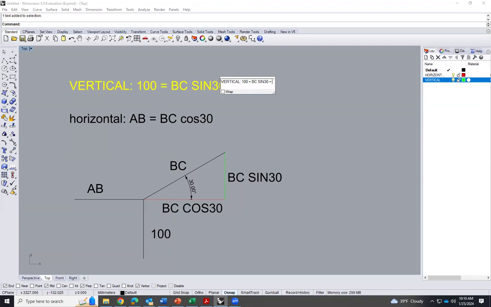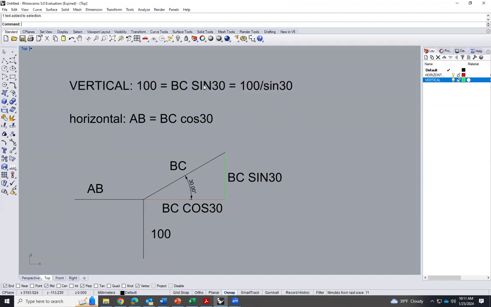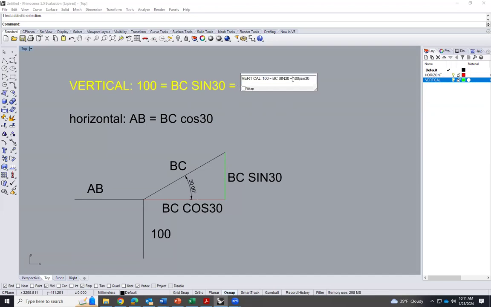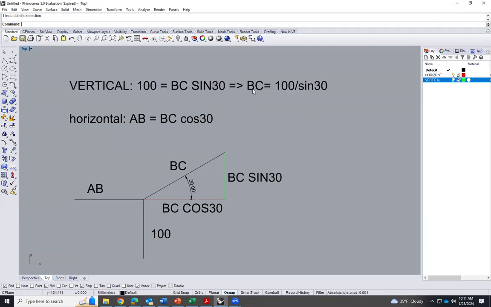BC equals 100 divided by sine 30. Okay, move sine 30 down. So what I want is BC equals 100 divided by sine 30.